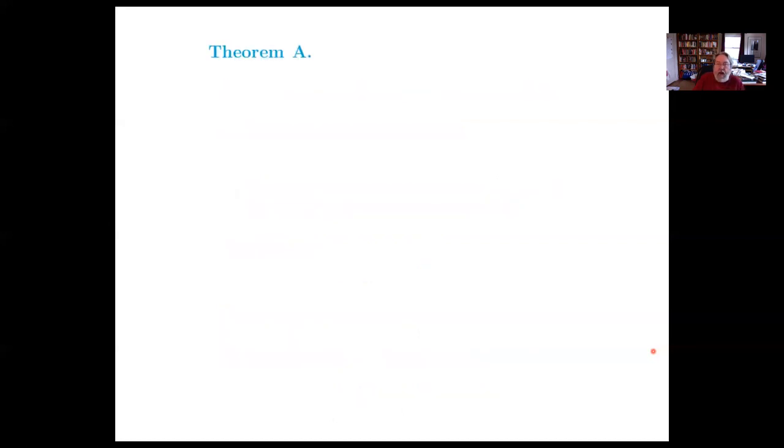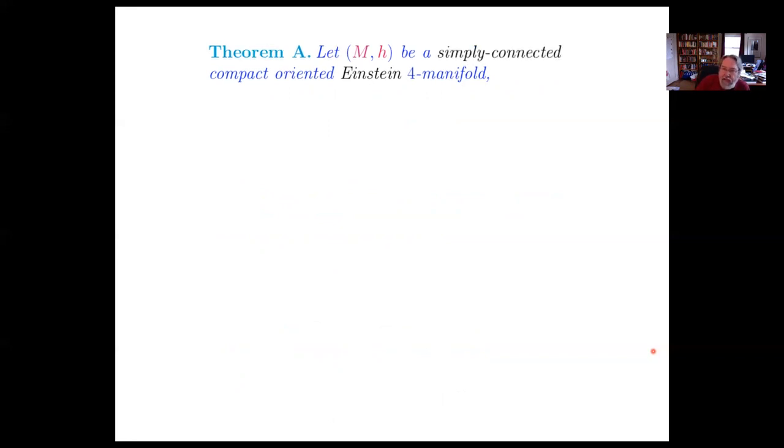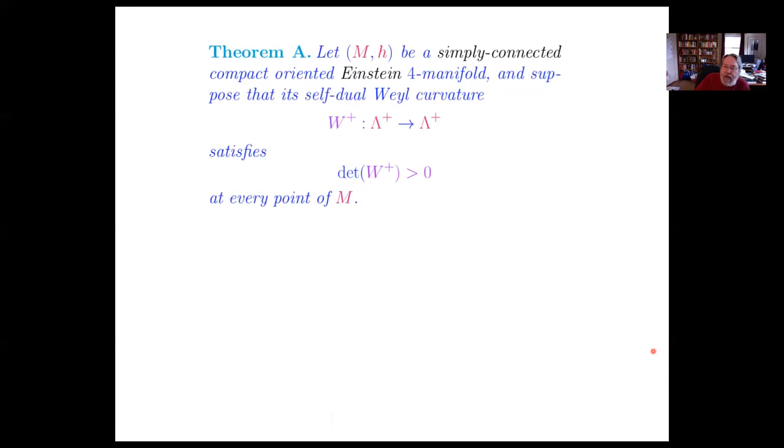All right, so the first main theorem is, suppose you have a compact oriented Einstein manifold, and let's assume that it's simply connected, and suppose that its self-dual Weyl curvature has positive determinant at each point. Remember, the self-dual Weyl curvature is a linear map from lambda plus to lambda plus, and so it makes perfectly good sense to say what the determinant of that transformation is.